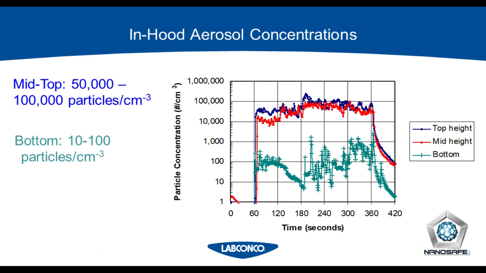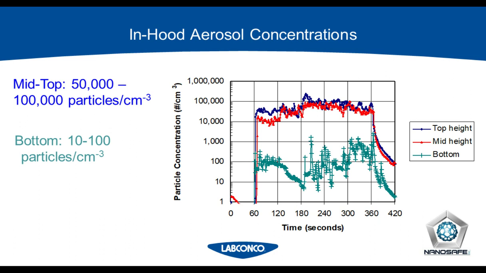In the hood, we want to see lots and lots of particles, because we're generating silicon dioxide out of this ejector. In fact, if you look at the distribution of particles, you'll notice that coming out of that aerosol generator, you're going to get a significant amount of particles.